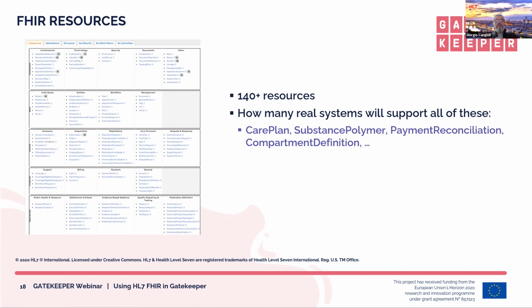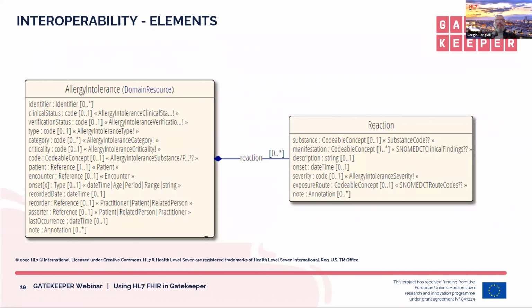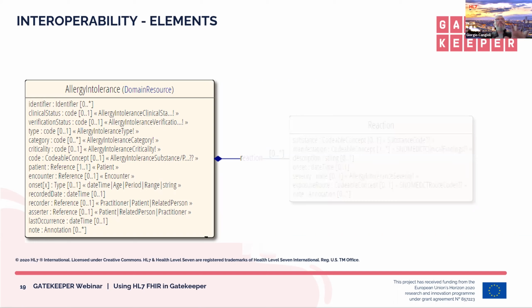So there are some resources that are very specific to specific contexts. As described, a resource does not try to cover everything, but it may have information that is not of interest for your use case. So you may want, for example, to say, okay, if I'm using allergy, I don't care about reaction, and so please focus on the main allergy information.